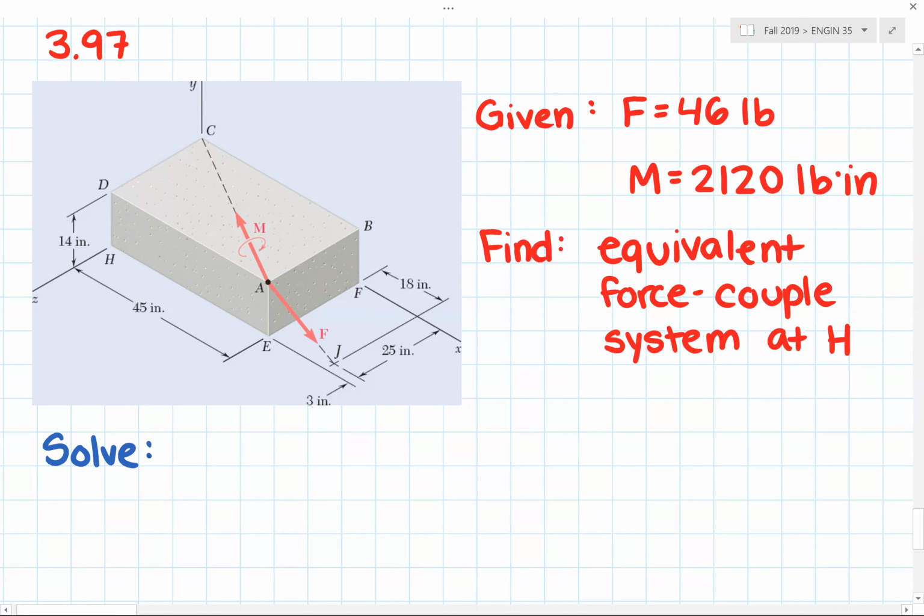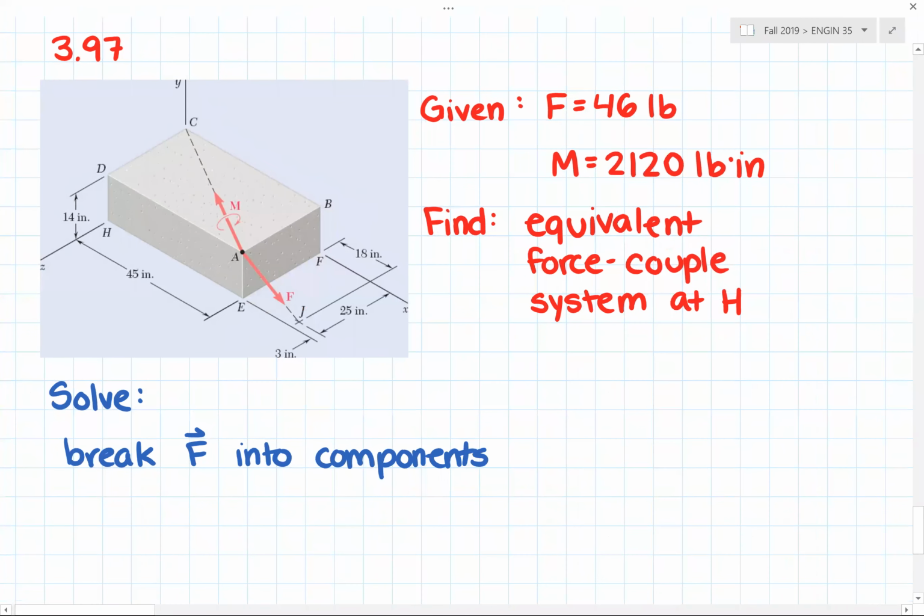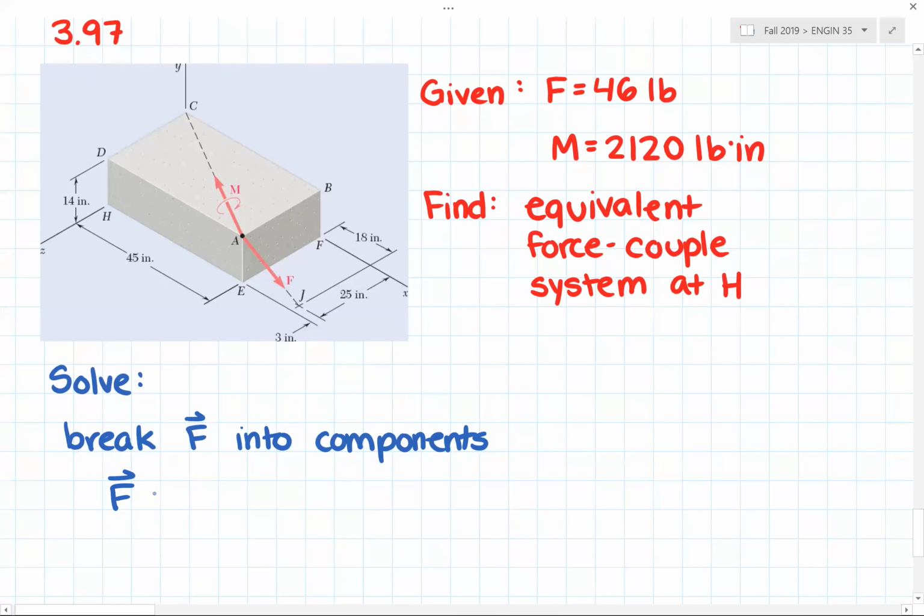So to solve, I'm first going to break F into components using the line of action given. So F is going to be the magnitude of F, which is 46 pounds, times the distance. We go from A to J in the X direction, which is 18 inches.